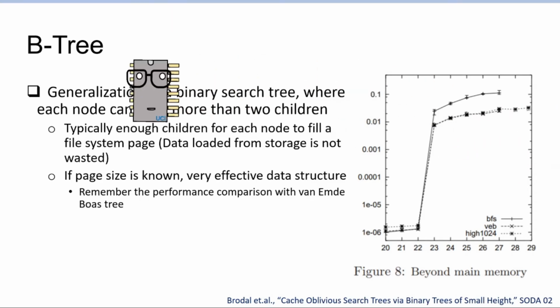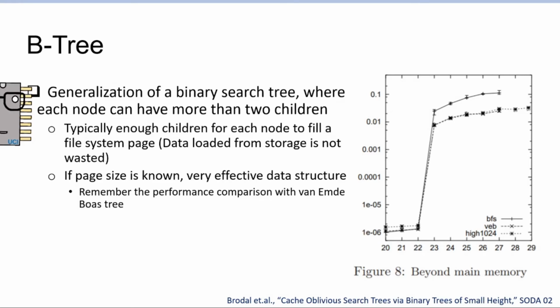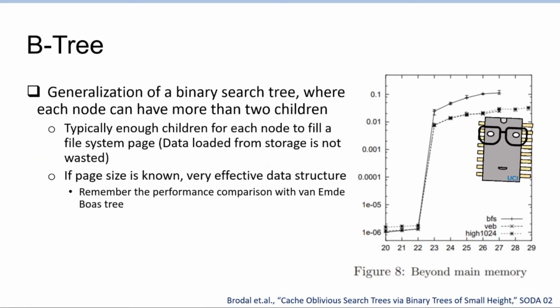B tree is a generalization of a binary search tree where each node can have more than 2 children. The binary search tree is binary because each node can have 2 children, but B tree is generalized so that it can have more than 2 children. For example, in this example, it has 1024 children.